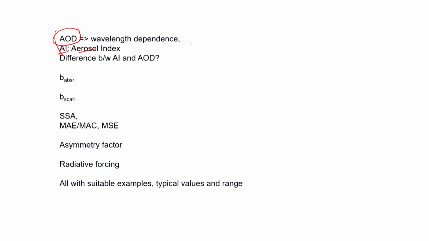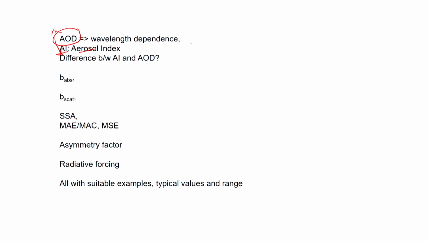Aerosol optical depth and aerosol index, these two are actually used to understand the abundance of the aerosols in the atmosphere, or whether the atmosphere is highly polluted or less polluted. Kindly note that aerosol optical depth does not discuss the scattering or absorption due to gaseous molecules.